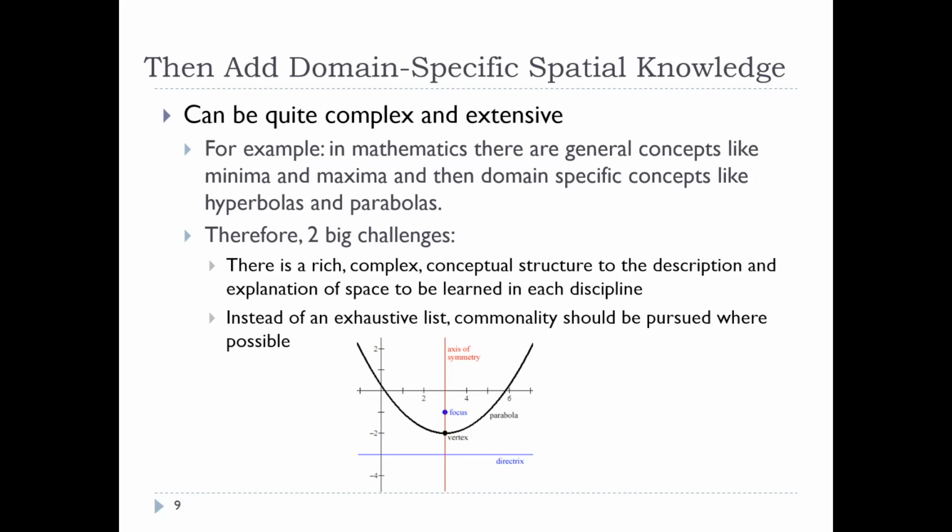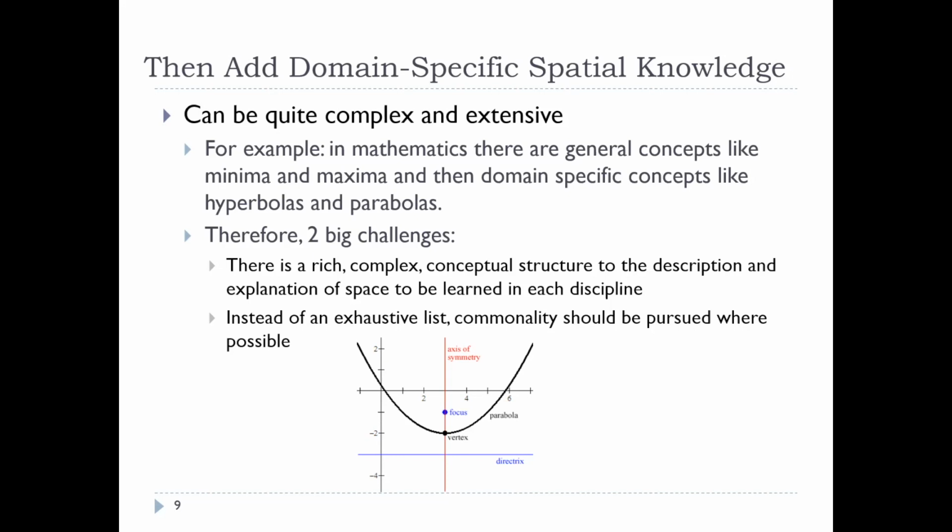Okay, here's an example from math. So in mathematics, there are general concepts like minima and maxima, and then there's really specific concepts like hyperbolas and parabolas and all these things, right? And sometimes it's a little overwhelming. But most people in the world, if you said to them, "What's the maximum? What's the minimum?" understand that. That's a general concept.